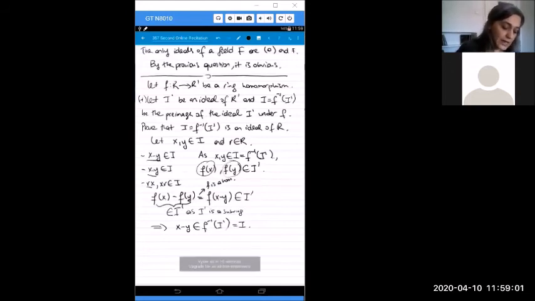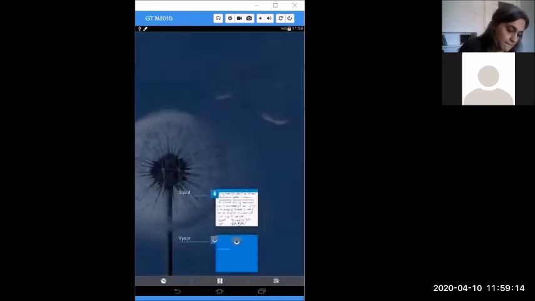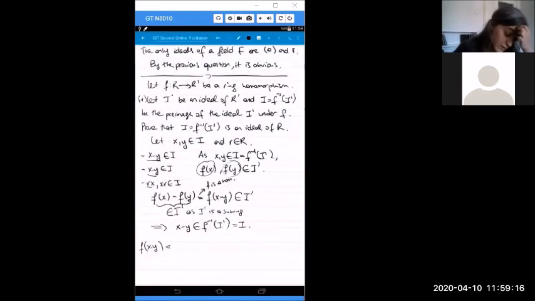Similarly, if we consider x times y and we apply f here, now what we have is that f of x times f of y. Again, the reasoning is that f is a homomorphism.